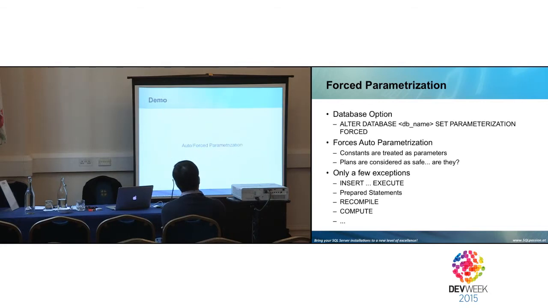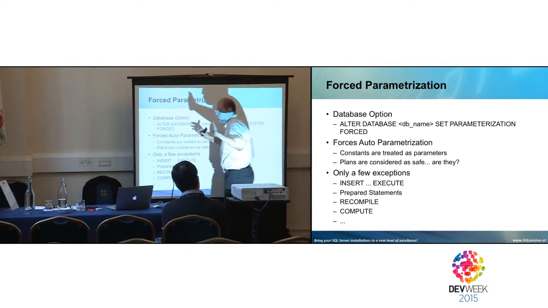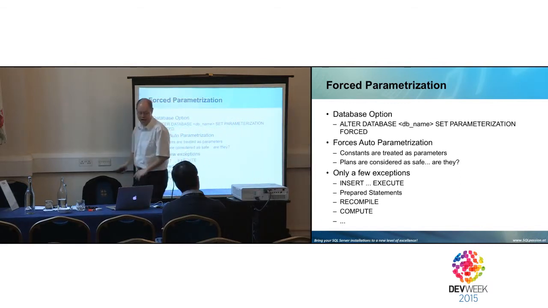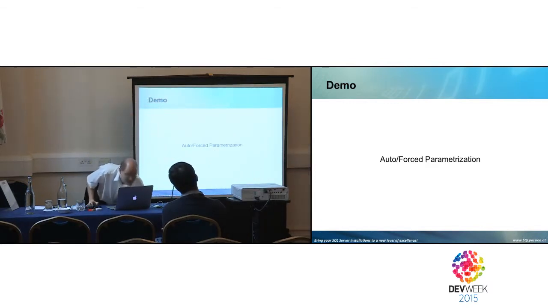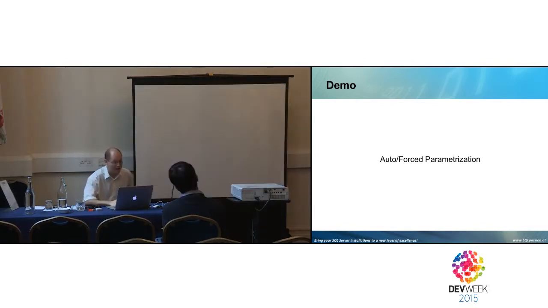When we enable forced parameterization, we just have a few exceptions in which SQL Server can't auto-parameterize our SQL statement. Of course, when we set forced parameterization, we again have to know our data and our execution plans very, very well, as you will see.